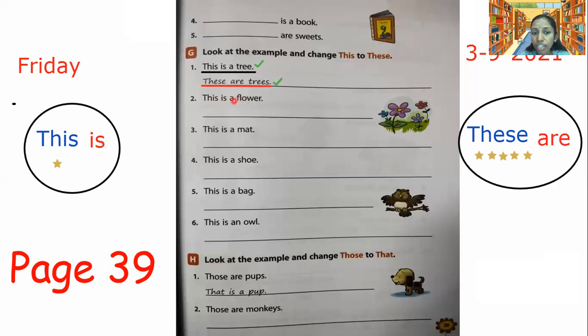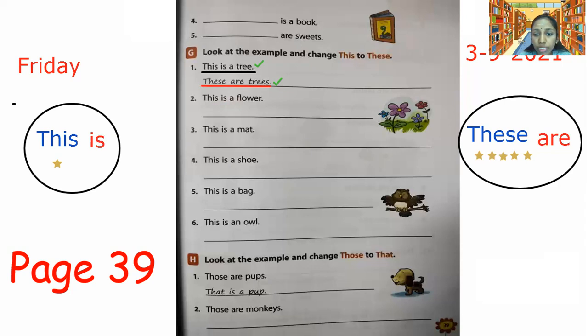A flower means one flower or more flower? One, correct. That means it's a singular noun, right? Very good. Thank you for your answer.